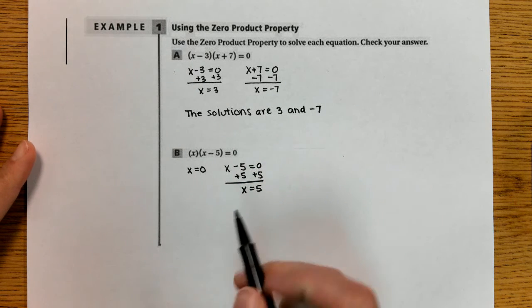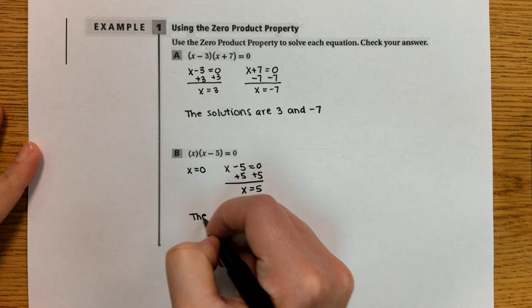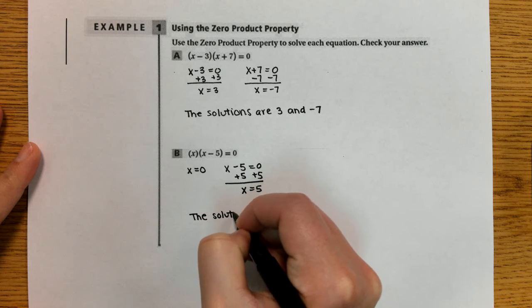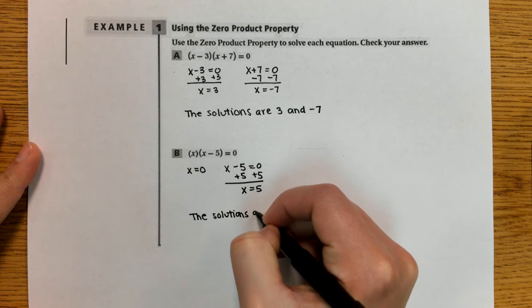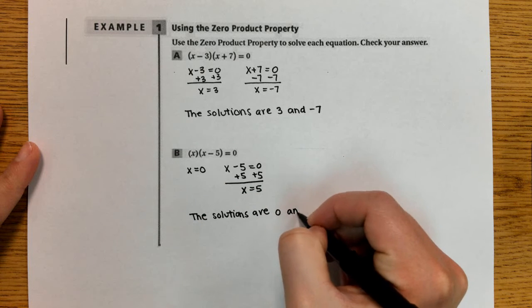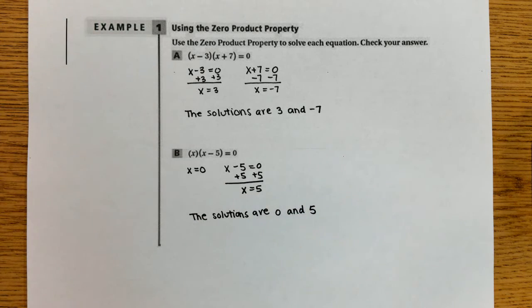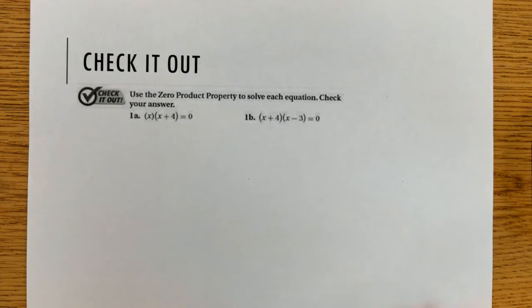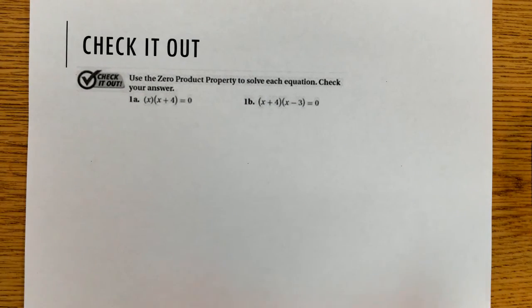In this case, the solutions are 0 and 5. That is how you would solve those if it's already factored. Now there are 2 check it out problems for you to do. Go ahead, take a moment, pause the video, and then resume when you're ready to check your answer.